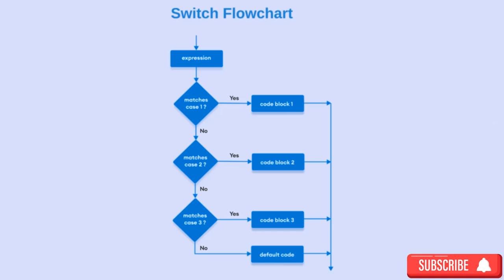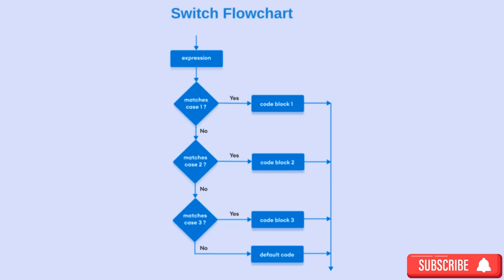Initially we will pass an expression or a variable, which will return a particular type of value, and on the basis of that value I will add multiple cases. Whichever is the appropriate case in the switch statement, that particular case will get executed. As you can see, it is not checked one by one, it will directly go to the respective case. But if none of the cases satisfies the switch, then control will come to the default block.